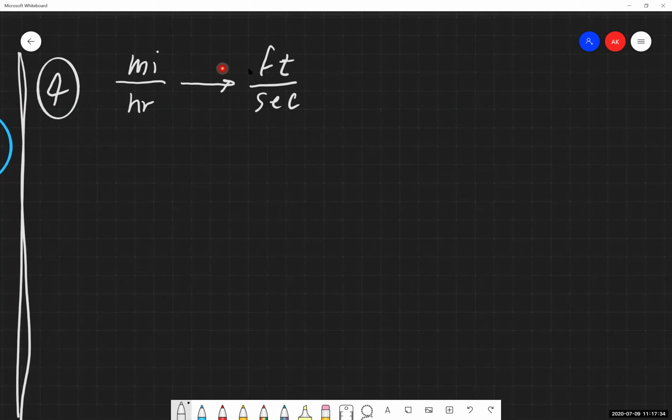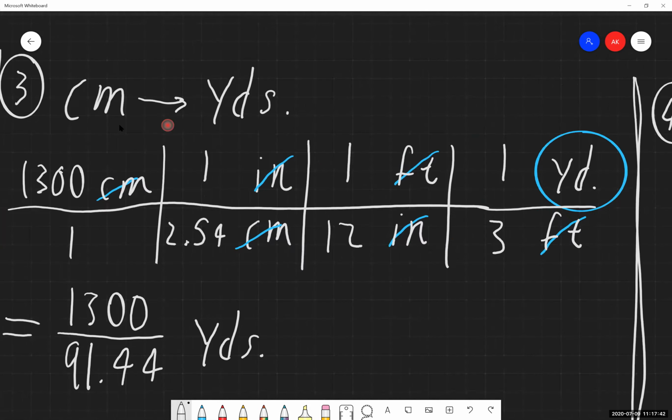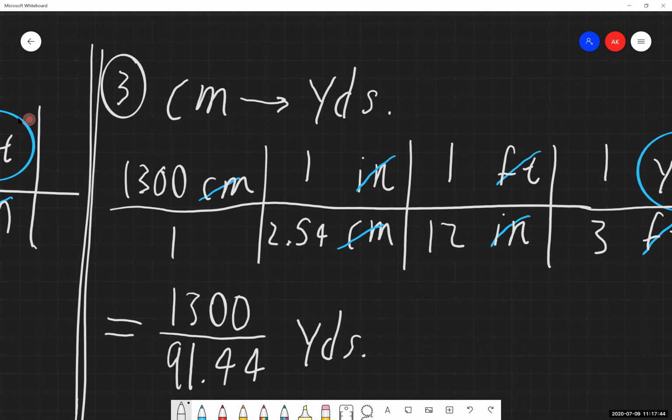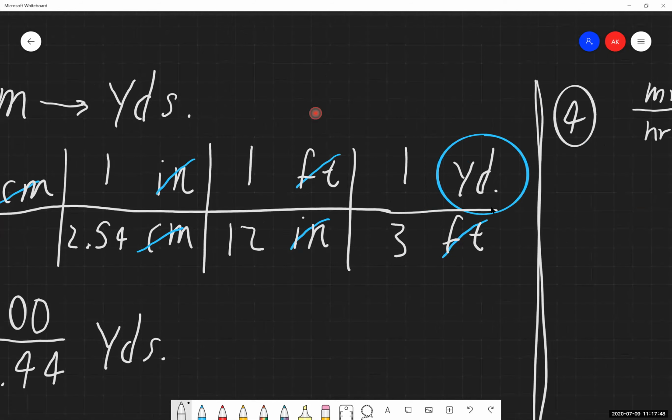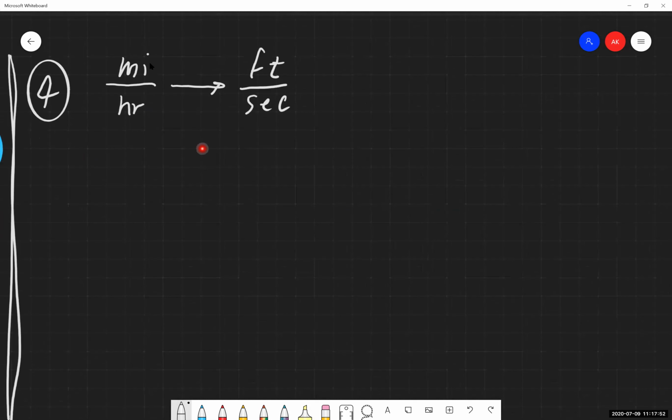So we're going to have two different things that we need to convert between in this problem versus our previous ones where we just needed to go from one unit to the next. So here we essentially have two conversions that we need to do, one in the numerator spot, one in the denominator spot.